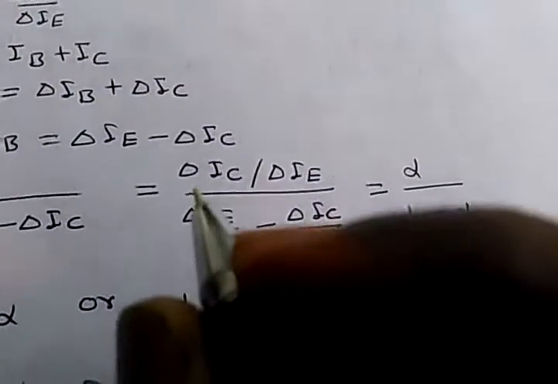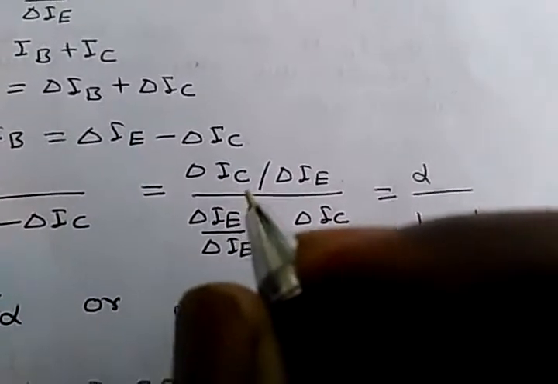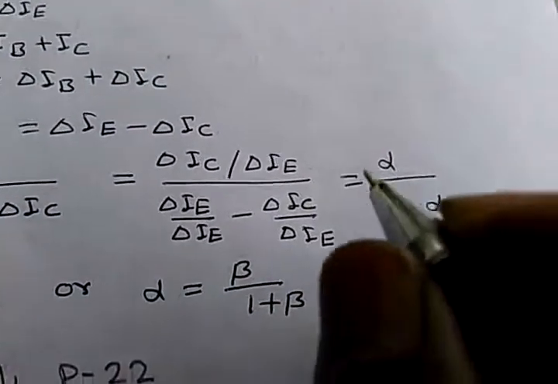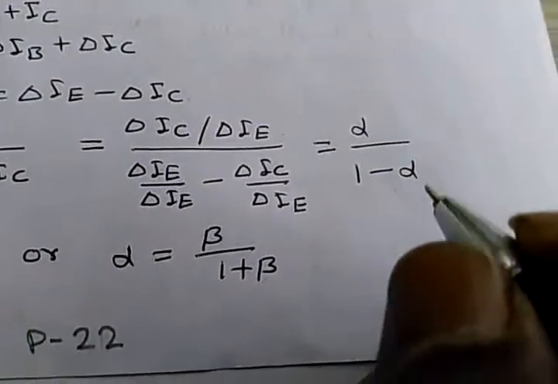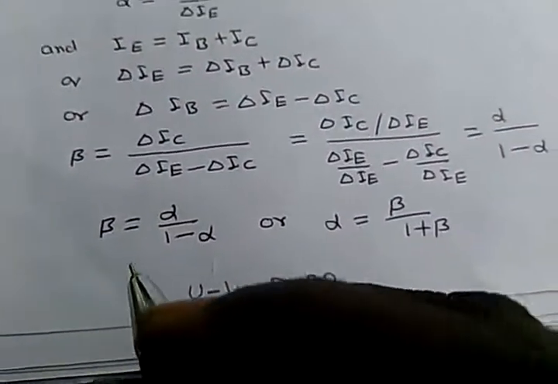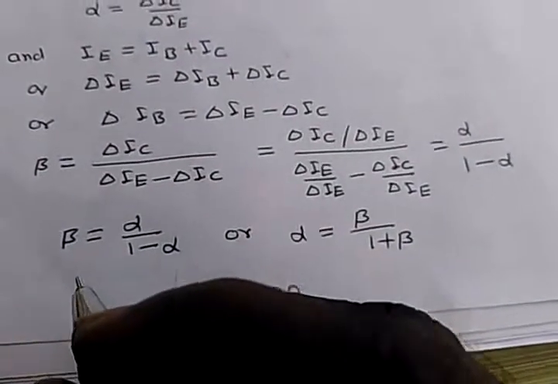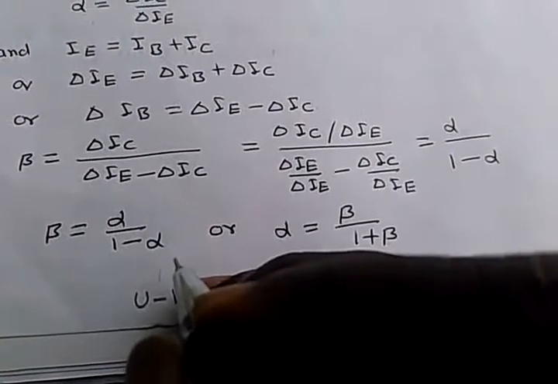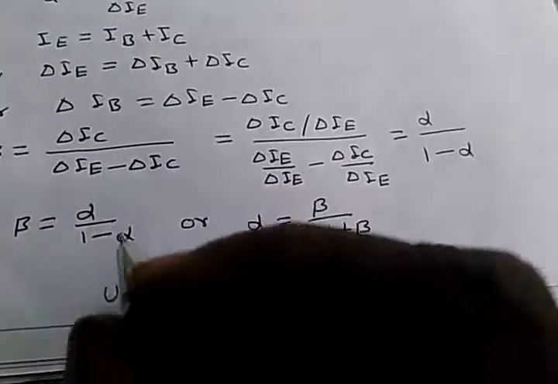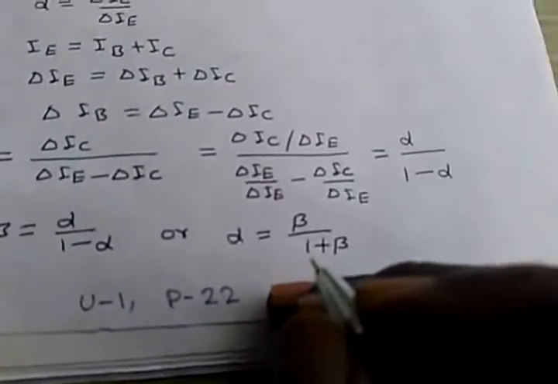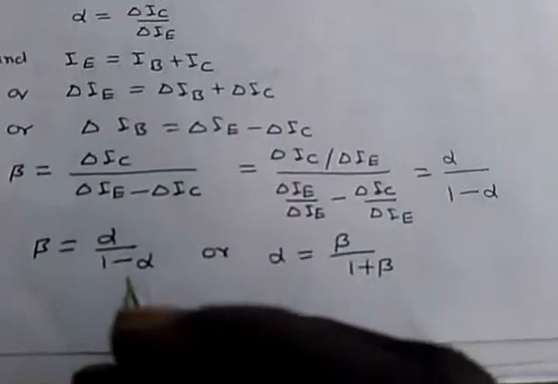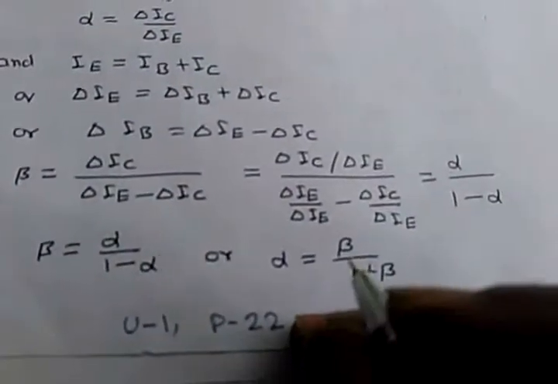So in place of delta IC upon delta IE, we can write alpha. So it will be alpha upon 1 minus alpha. In this way we can write beta equals alpha upon 1 minus alpha. It can be further simplified as alpha equals beta upon 1 plus beta. So this is the relationship between alpha and beta.